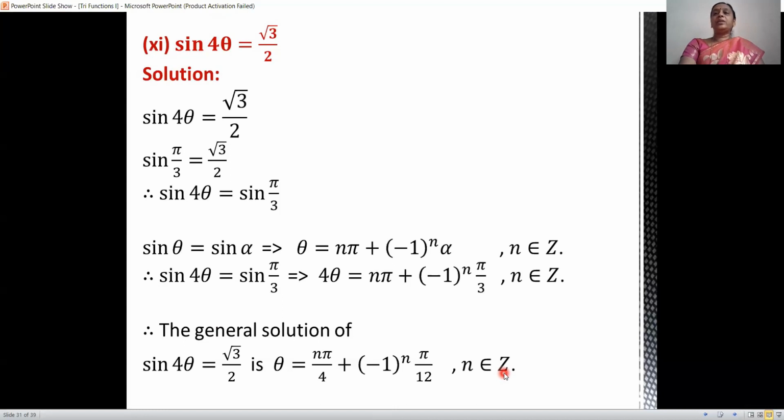It means if the table of 0 to 360 and the allied angle table are known, and these three remarks are known, then it is very easy to find the general solution. In our next lecture, we will see problems depending upon remark 3.